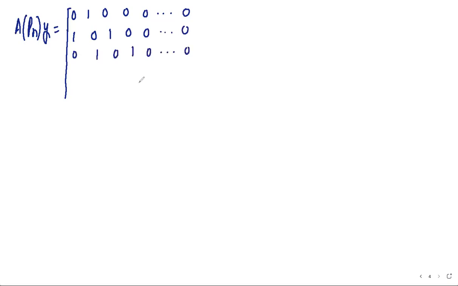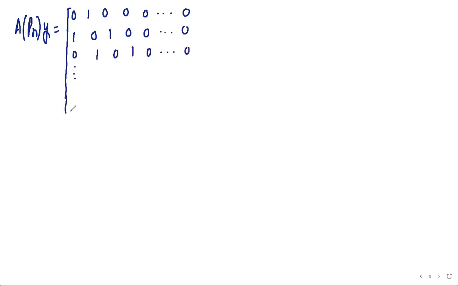Now this is equal to, let's write the adjacency matrix here. It is 0, 1, 0, 0, 0, and so on. Then 1, 0, 1, 0, 0. Then all the remaining entries are 0. And similarly, the third row will be 0, 1, 0, 1, 0, like this.